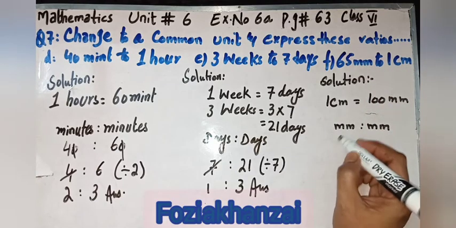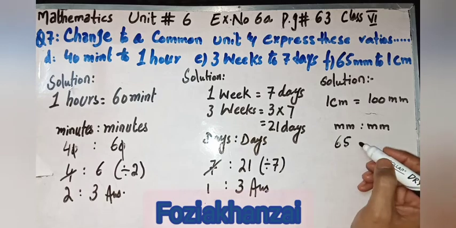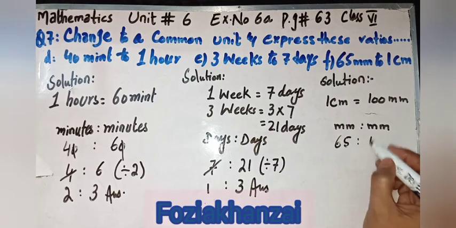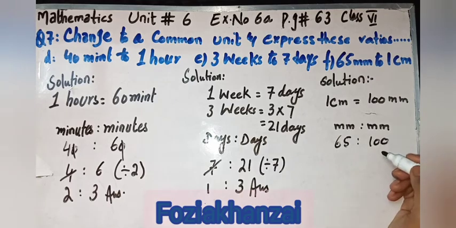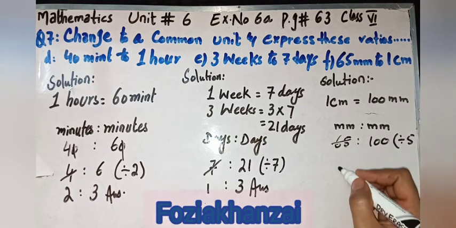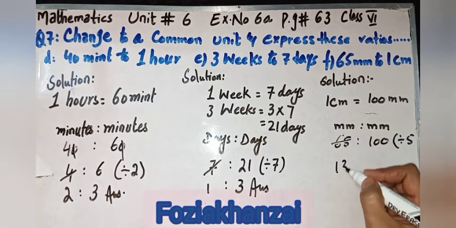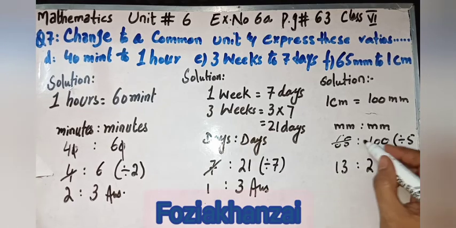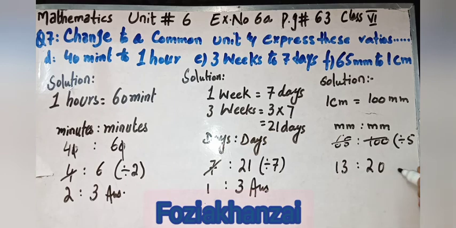Already we have 65 millimeter. Mm is to 1 centimeter equal to 100 millimeter. Now we reduce by 5. 5 1s are 5, 1 is left. 5 3s are 15. 5 2s are 10. 0 copy down. 13 is to 20 would be the answer of part F.